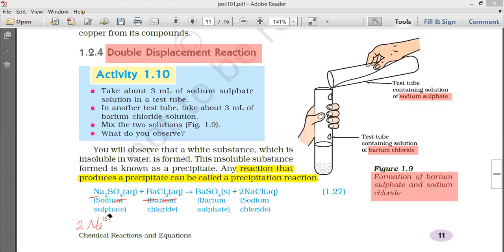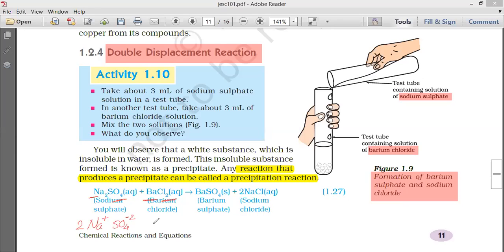Okay, so we make it 1 plus with number of ion 2. Okay, and sulfate SO4, we have no polyatomic ion minus 2. Okay, this can be divided into these two ions, Na plus and SO4 minus 2.